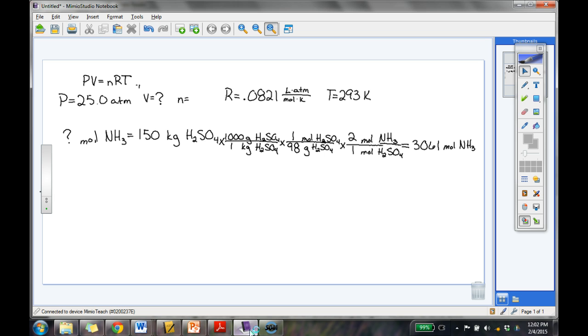There are two ways you can do this. The alternative is to take these numbers right here and make that into one step. We cancel this step with this step to combine them into a single step, which would be kilograms of H2SO4 and moles of H2SO4.